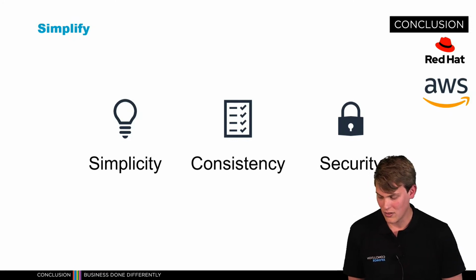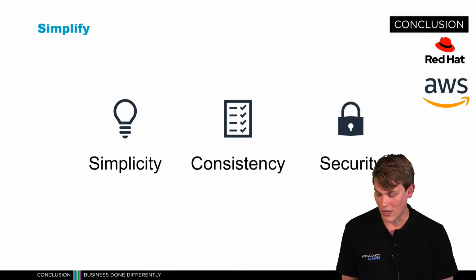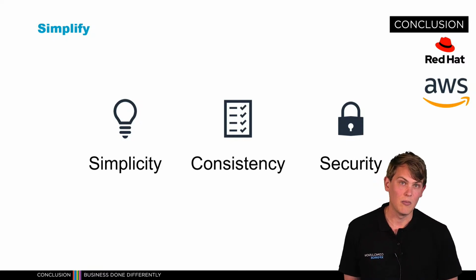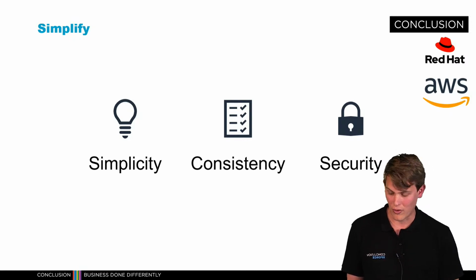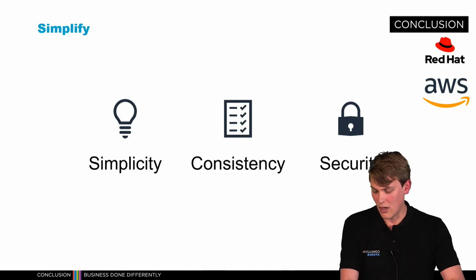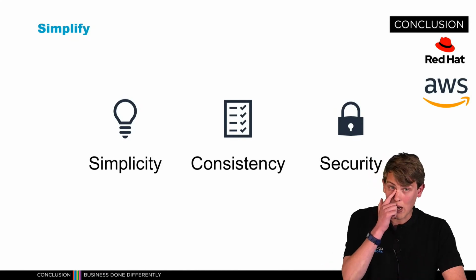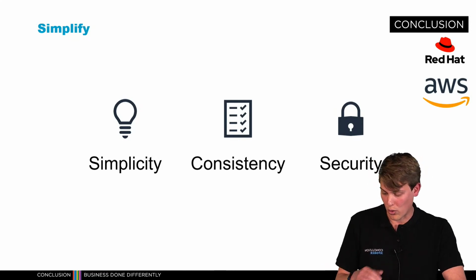So how do we simplify your application landscape leveraging ROSA? As Ike and Jeroen mentioned, ROSA is a fully managed offering from both AWS and Red Hat. So everything about ROSA is fully automated and supported.